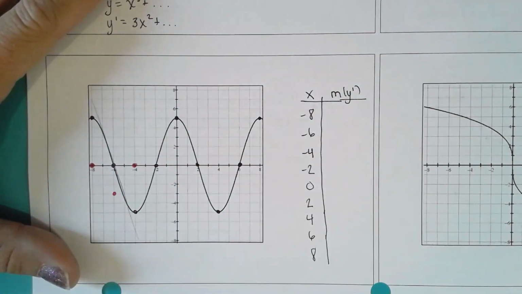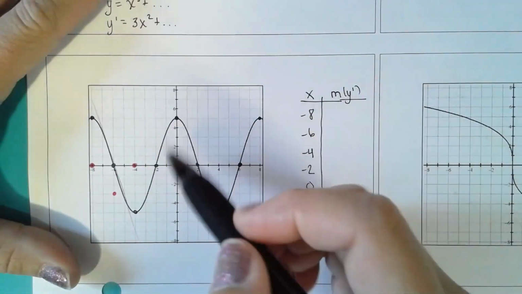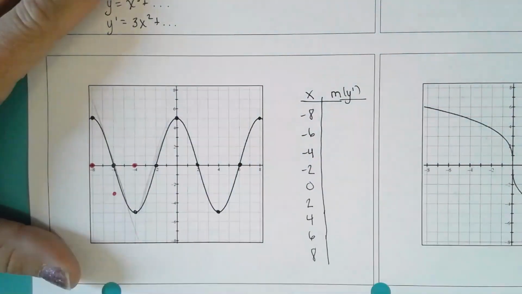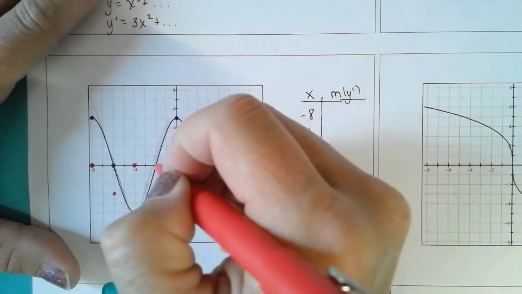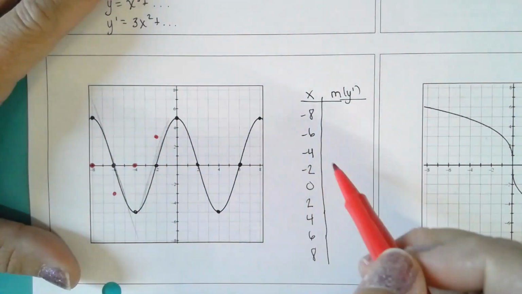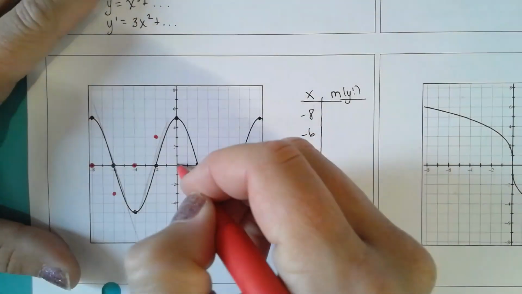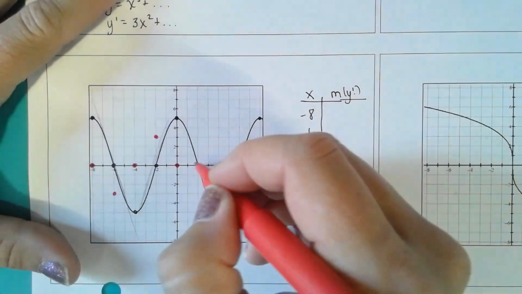Good news is we get to speed this up because look at all the symmetry. If the slope here we said was -3, then I would say the slope on the other side is going to be +3. So when x is -2, the derivative is +3. We're back to 0. Now to me it's all just symmetry, right?